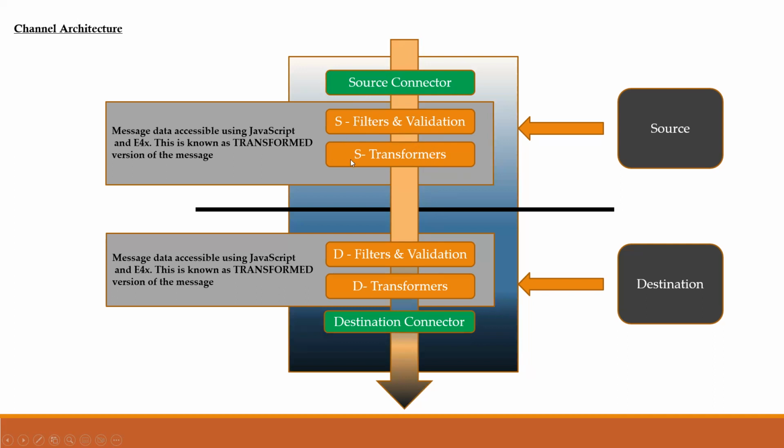Whenever you are manipulating data within source filters and transformers, you will be using three different technologies. Number one, the data will be in XML format within filters and transformers. Number two, as the data is in XML format, you will be using E4X, which stands for ECMAScript for XML, a technology that helps us access the data elements from an XML object.